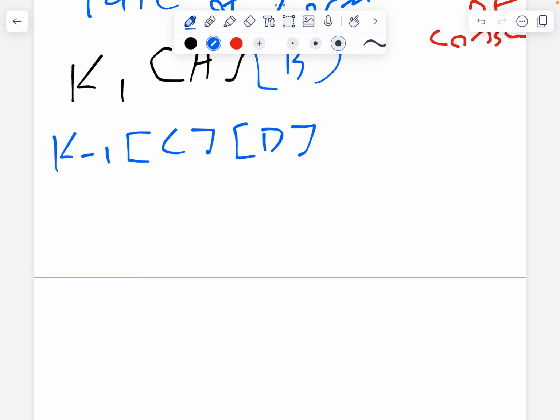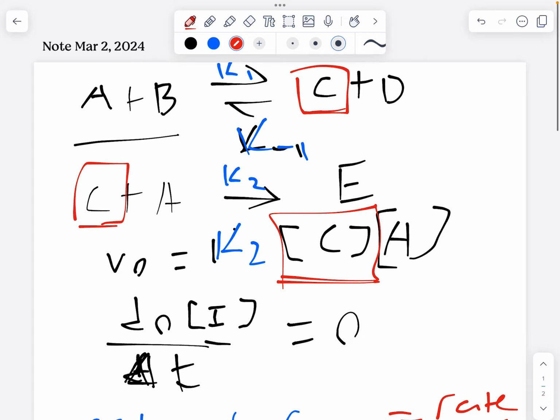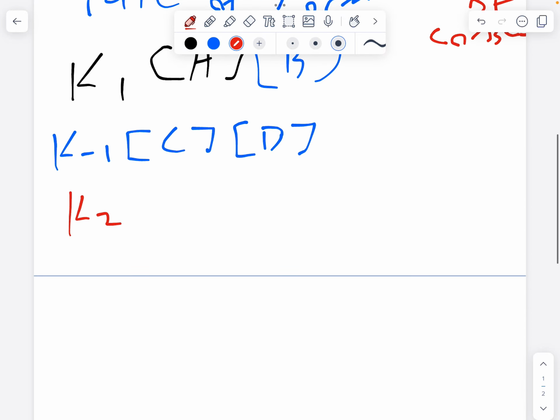And also, C is being used up in the following step, K2 times C times A goes to E.